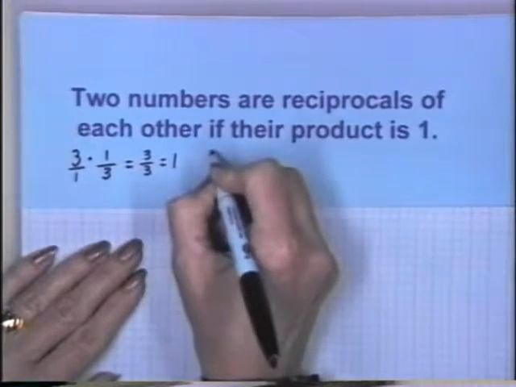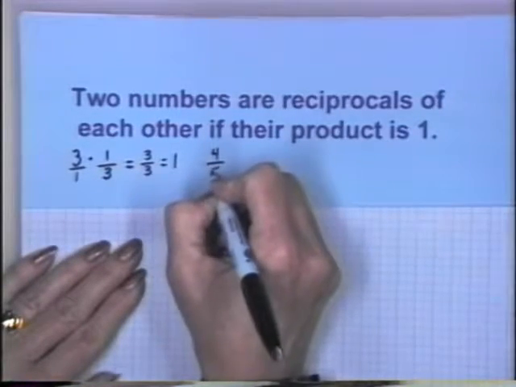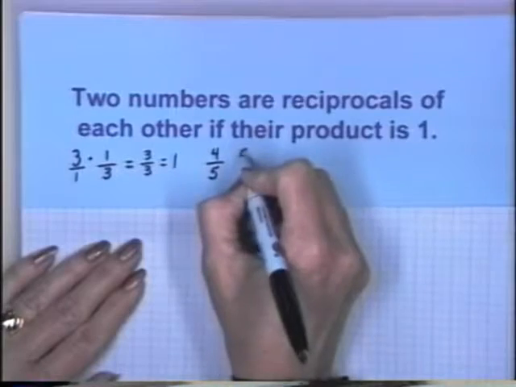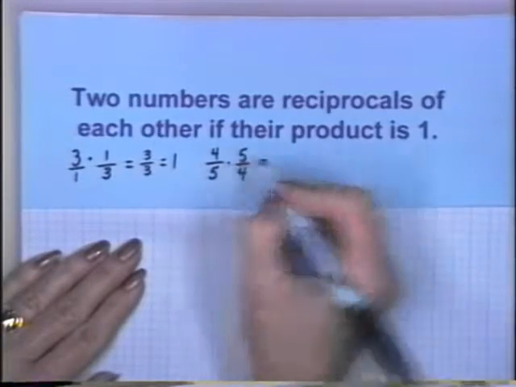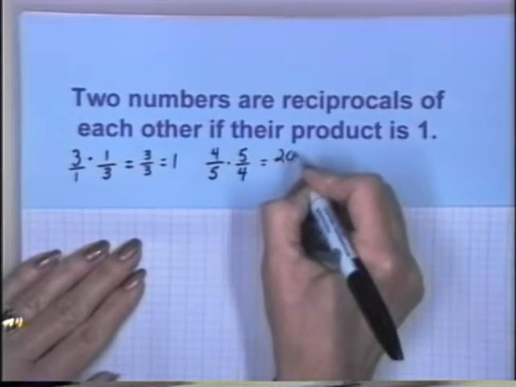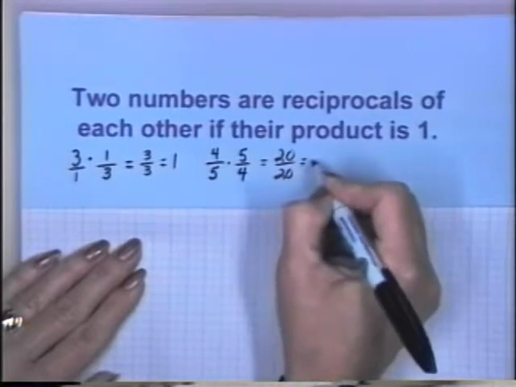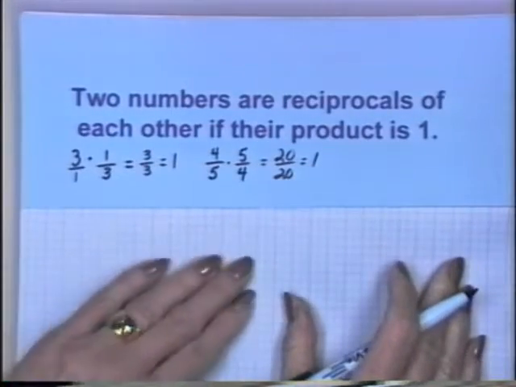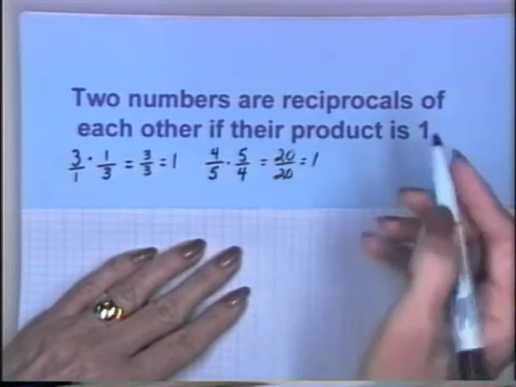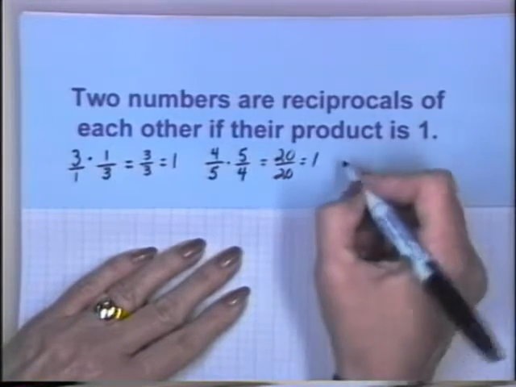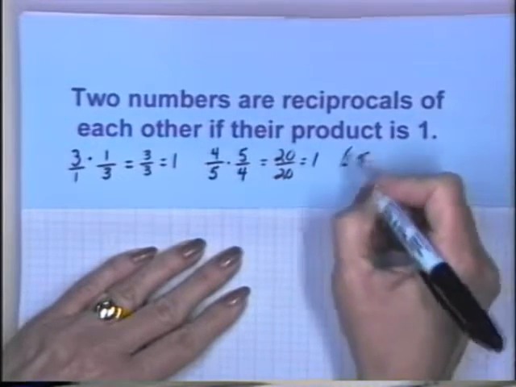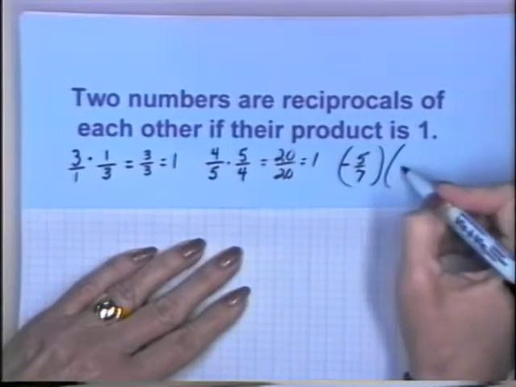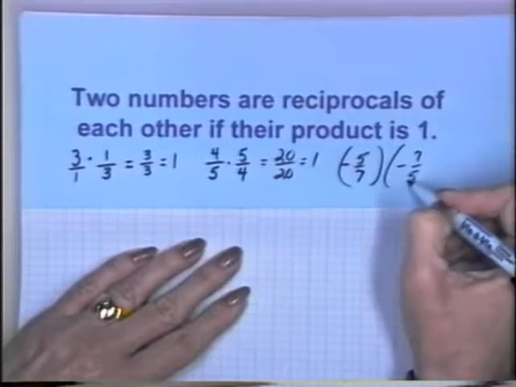For the number 4/5, its reciprocal is 5/4. And notice when we multiply it, we get 20/20, which is 1. And for a negative number, negative 5/7, its reciprocal would be negative 7/5.